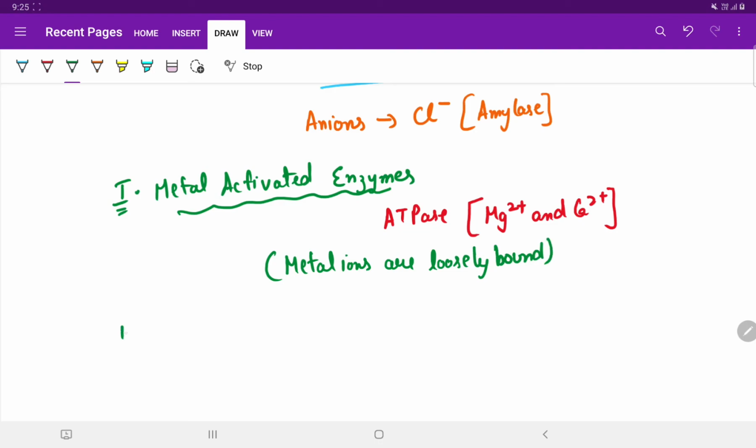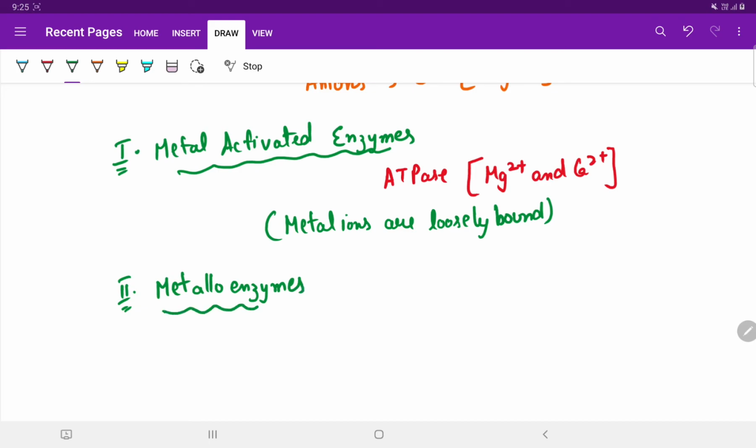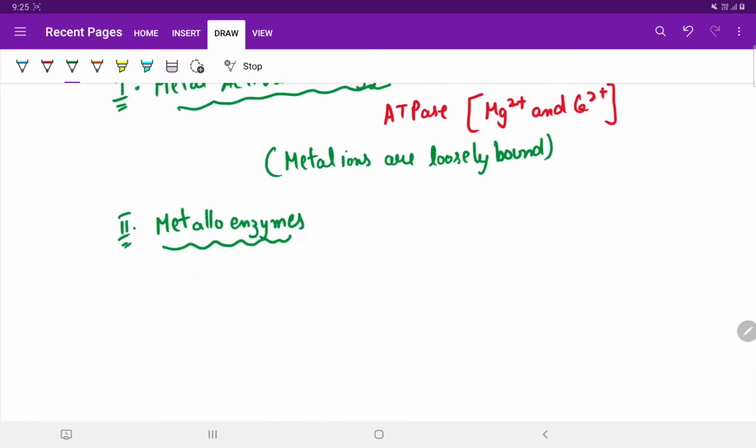Whereas, the second category is the metalloenzymes, in which the enzymes hold the metals rather tightly, and they are not readily exchanged. So, we can say covalent bonding is occurring here between the metal ion and the enzyme.